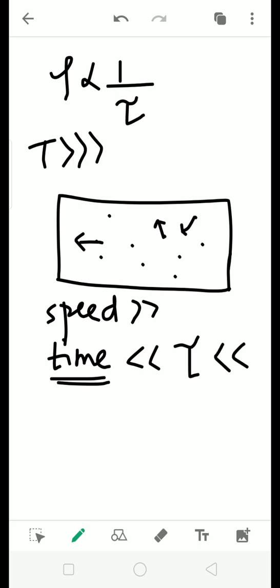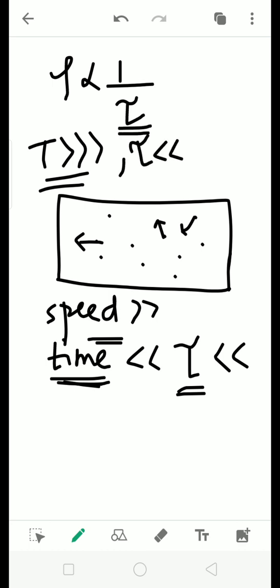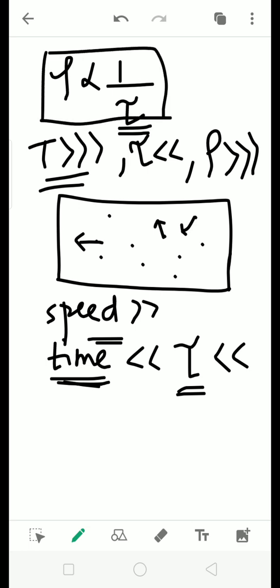So we came to know that with increase in temperature, the electrons will vibrate more and move with high speed. If speed increases, the time of collision will decrease, and the relaxation time will also decrease. With the decrease in relaxation time, the resistivity will increase, as rho is inversely proportional to tau.